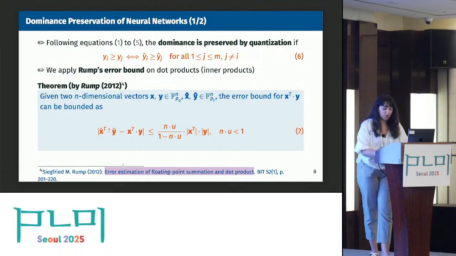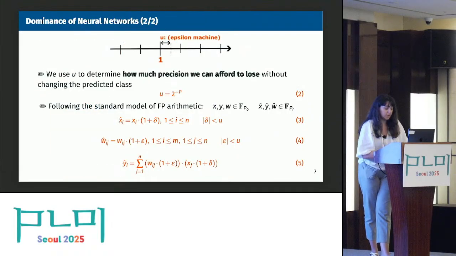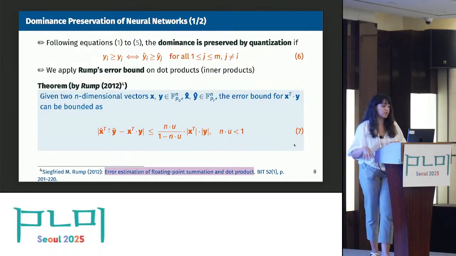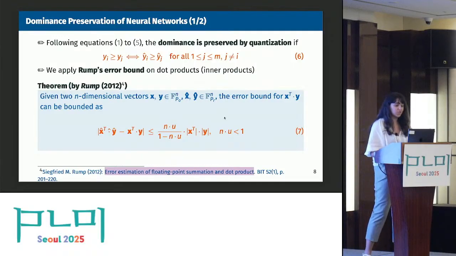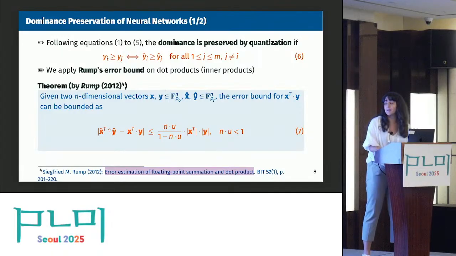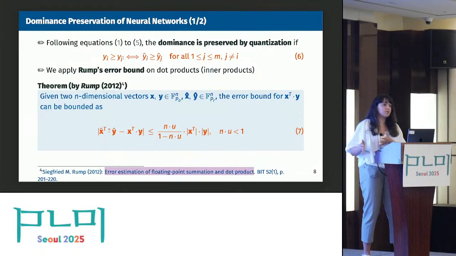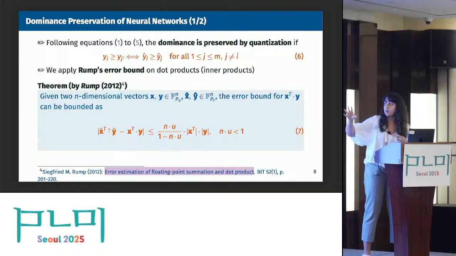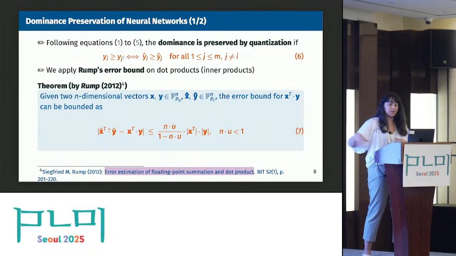If we follow these equations, 2, 3, 4, and 5, we say that dominance is preserved in a quantized neural network if, when the original output of class i is greater than or equal to that of class j, then in the quantized neural network we also satisfy this inequality.